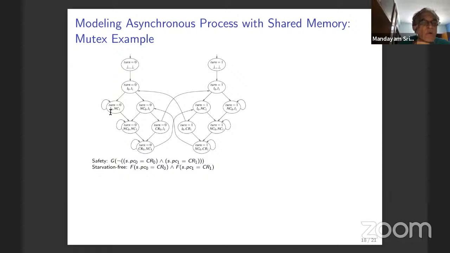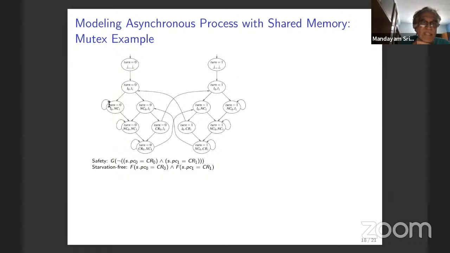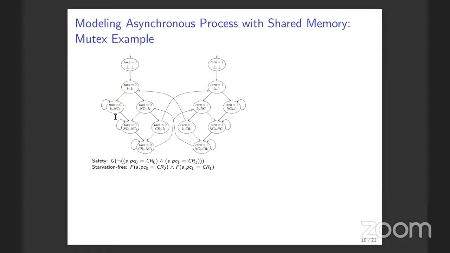Correct. So now we see two non-deterministic transitions, one a self loop here, and another one corresponding to this. So Paramalai, what are those two transitions? Why is there a self loop? What does that self loop mean? The self loop means it is executing the wait instruction. Correct.